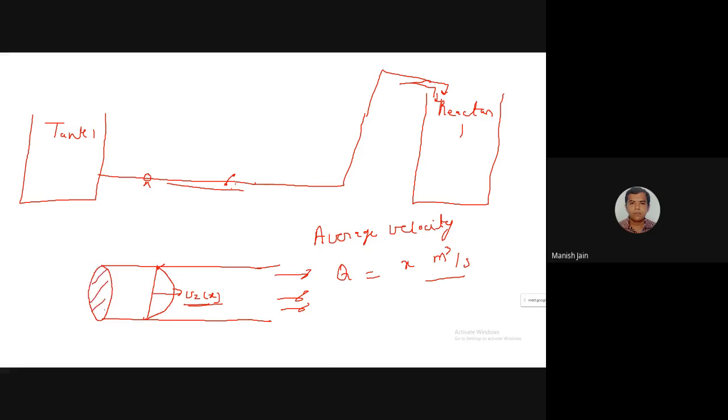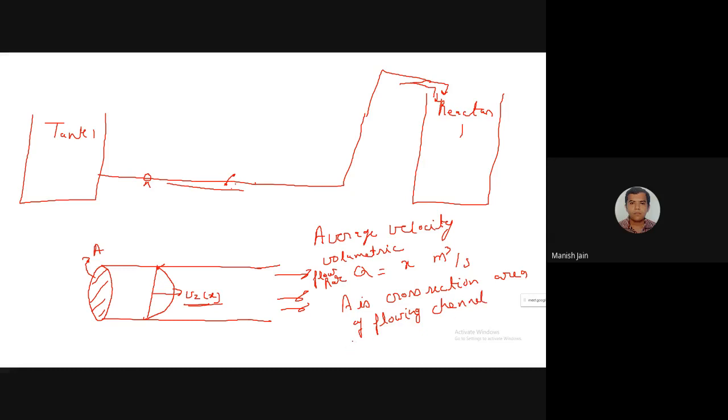This is the pipe, so this is the cross-sectional area of the pipeline, A. When you divide Q by A, it will become the average velocity. I am writing in a clearer form. So x is the volumetric flow rate, also represented by Q. Now when you divide the volumetric flow rate by the cross-sectional area A of the flowing channel, you will get V average.